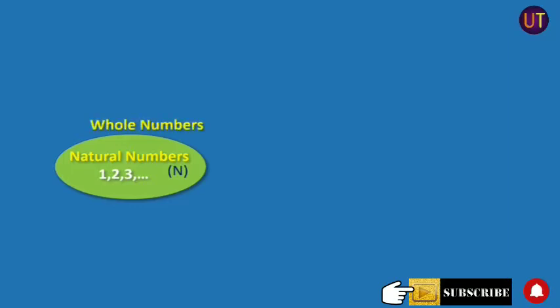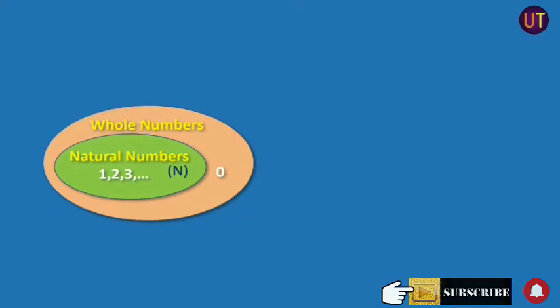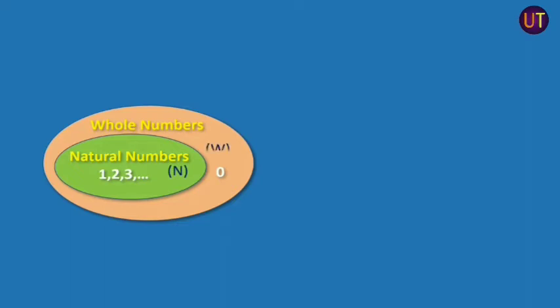Now the whole numbers include all the natural numbers and 0. So draw a circle around the natural numbers. This circle represents the whole numbers. Whole numbers are denoted by capital W. Now integers include all the whole numbers and negative integers.